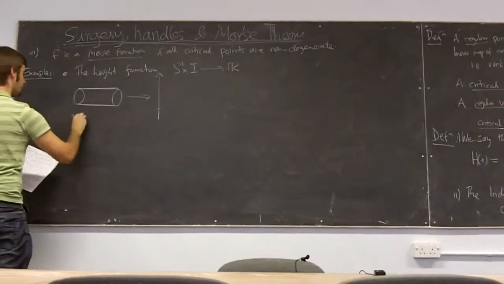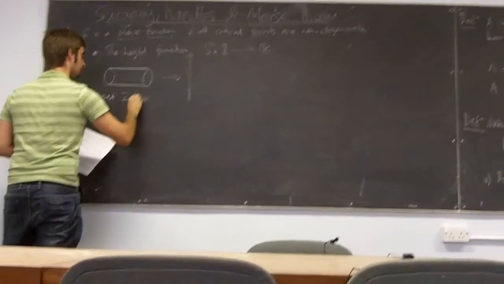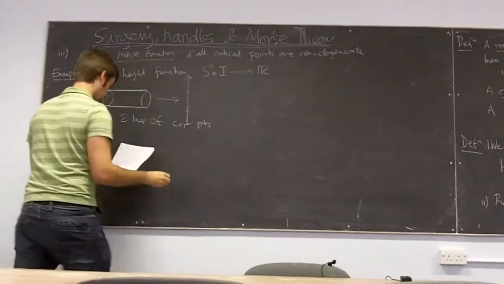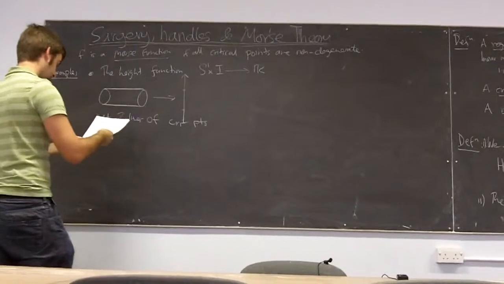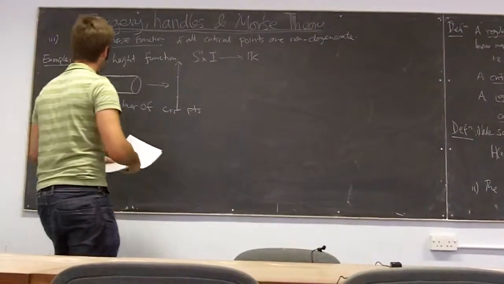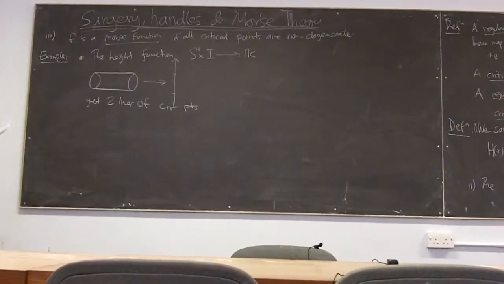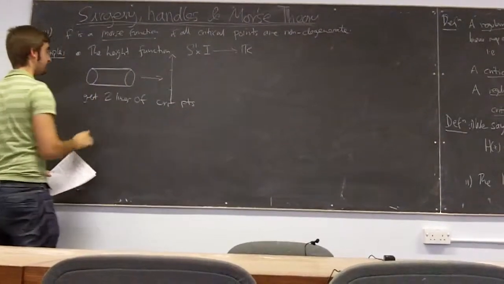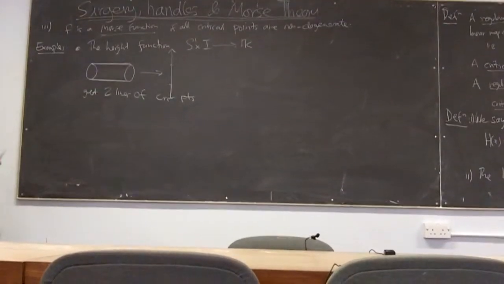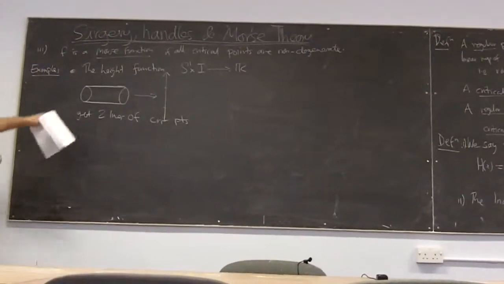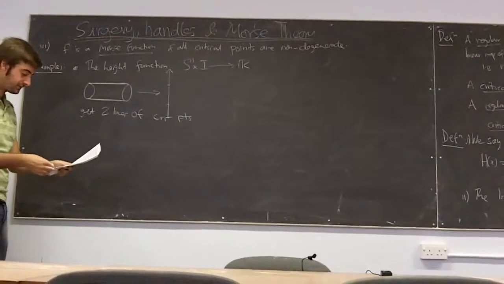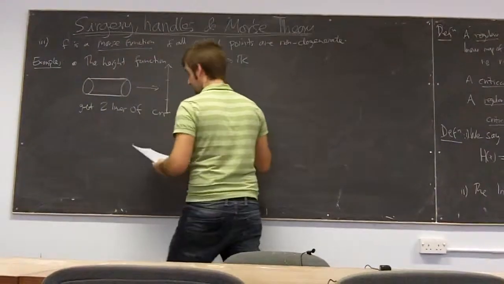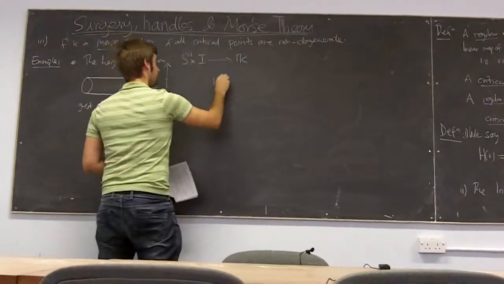So we'll see in a moment that non-degenerate critical points have to be isolated. So immediately from this fact we would know that these critical points are degenerate, and so this function is not a Morse function.